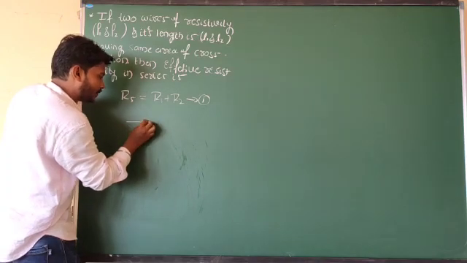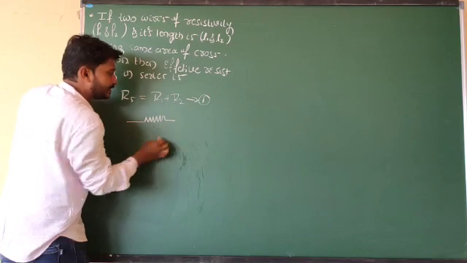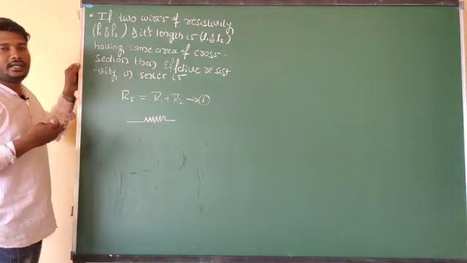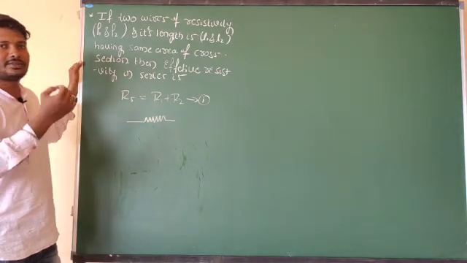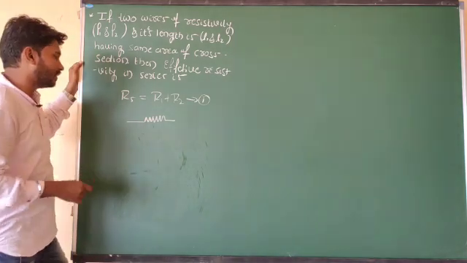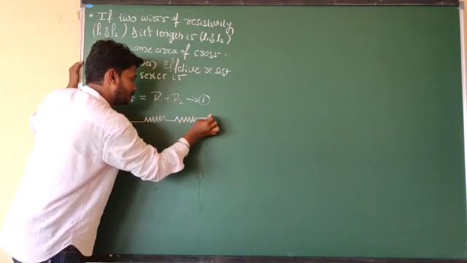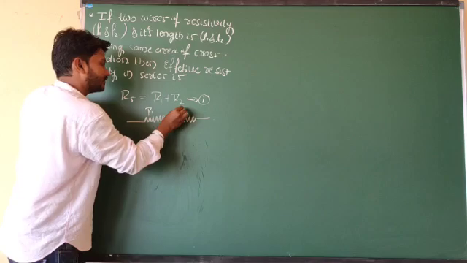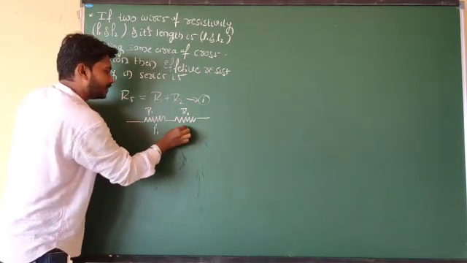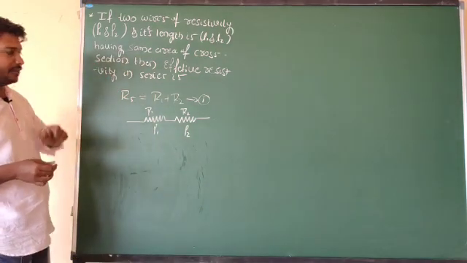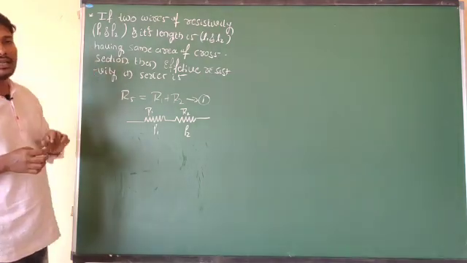Let me take the two wires here. These two wires are connected in series combination. In the case of potential and capacitance, we know how to make a series combination: end to end connection is a series connection. These two wires have resistances R1 and R2 and resistivities ρ1 and ρ2, lengths L1 and L2, and the same area of cross section.